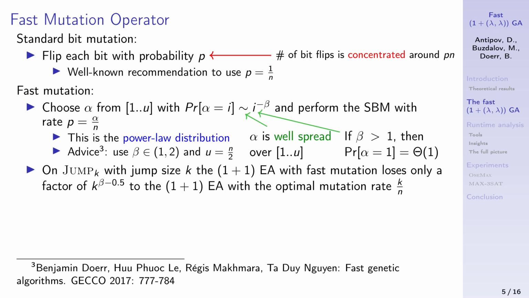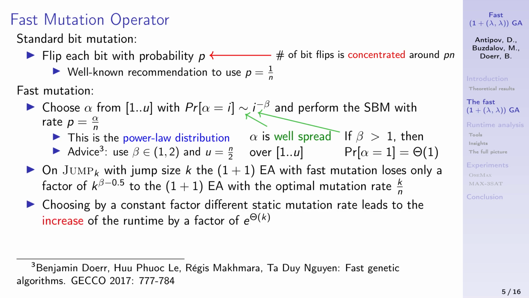It was shown that if we use the fast mutation operator in the 1 plus 1 EA, then we are outperformed by the standard bit mutation with the optimal rate only by a small factor on the jump problem.